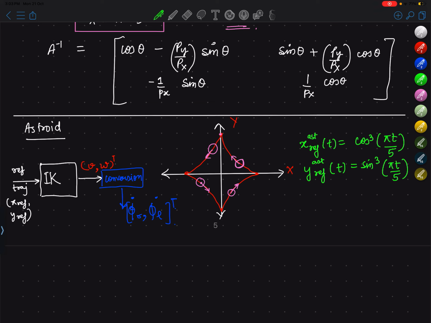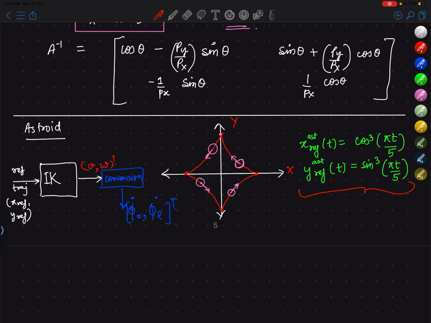So we want to implement the IK in Python such that the robot follows this asteroid trajectory. We'll send this to the IK. It will give us v and omega, which through conversion will give phi r dot and phi l dot, which will send input to the robot, and it will hopefully move in this path.